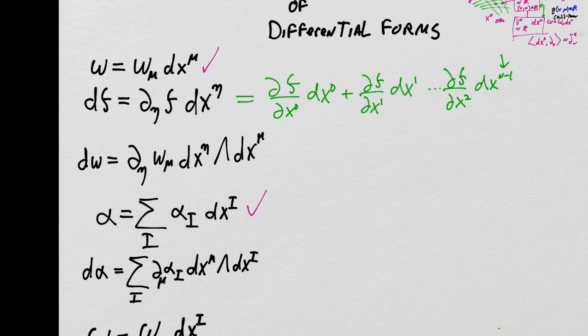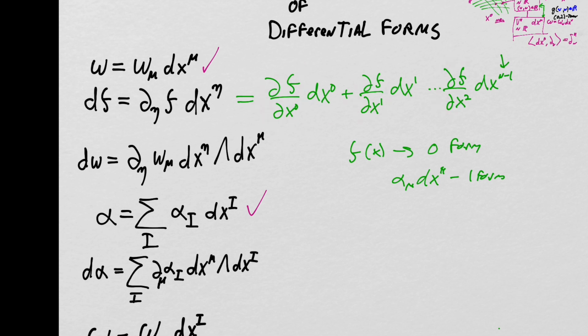And notice that's an important point. A function f is itself a zero form, right? And then alpha mu dx mu, that's a one form. So this is clearly in the form of alpha mu dx mu, right, where each of these would be our alphas.